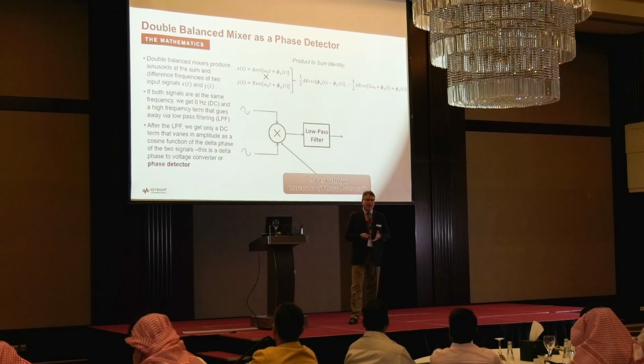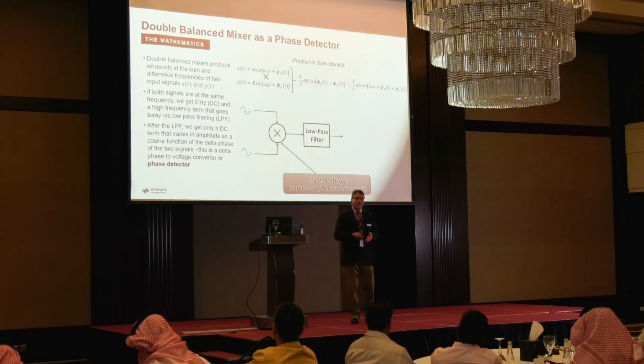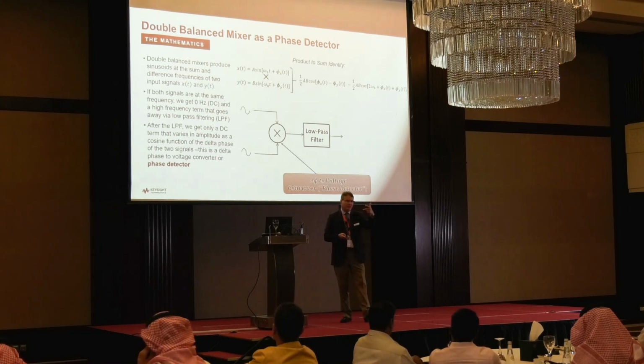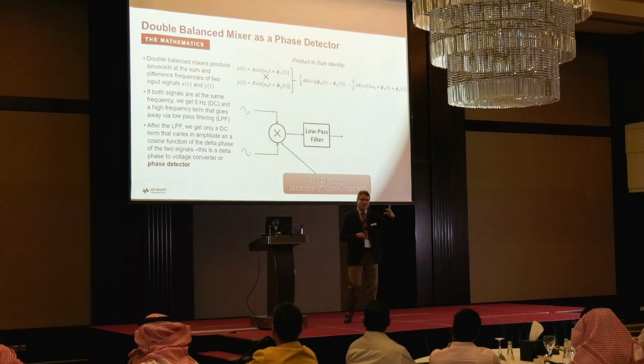What actually comes out of this double balanced mixer is a sinusoidal voltage, and it's the product, a multiplication function, of the two input sinusoids, right? We're injecting two sinusoids. One's the test sinusoid, signal under test, and my reference is the second one. And so we get, again, a little bit of math here, I apologize, but we get a cosine function, which is the difference and the sum of those two input signals.